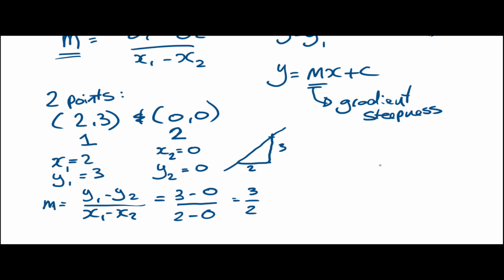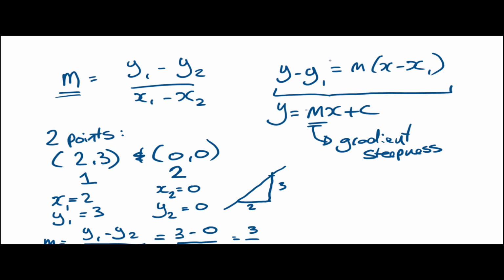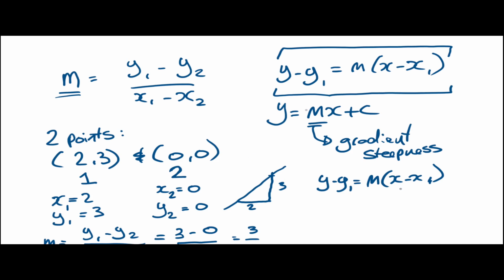Right, now that we know the gradient, we can apply this second equation to find what the actual formula for that line is in this y equals mx plus c form. It's y minus y1 equals m(x minus x1). Just a bit of a tip. Whenever you use a formula or an equation, always copy it down. Don't jump straight to the numbers.